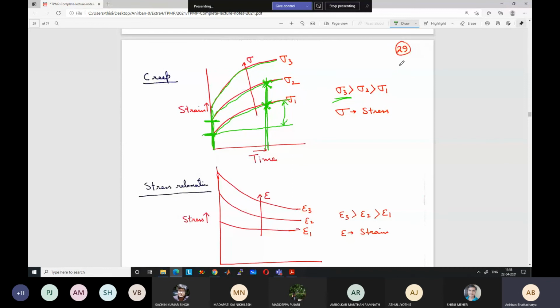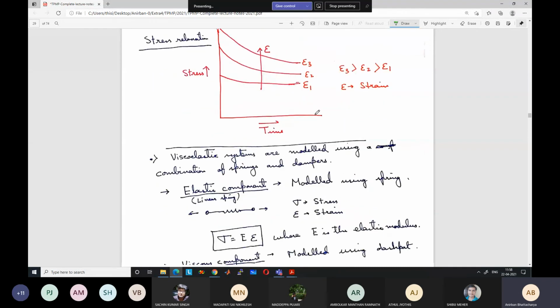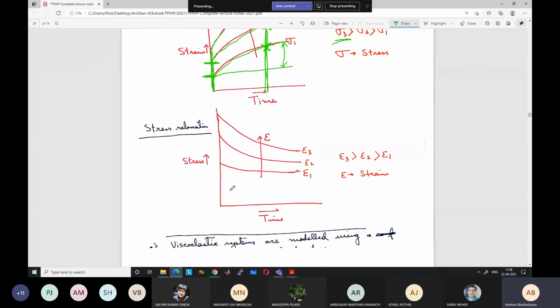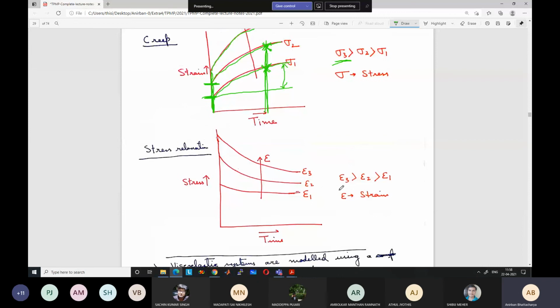Stress relaxation is when you apply a constant strain. You pull the material and hold it, like you elongate the spring and hold it at that point. If you pull the material by a strain of epsilon 1, initially there will be a stress that is set up, and then gradually with time this stress decreases.